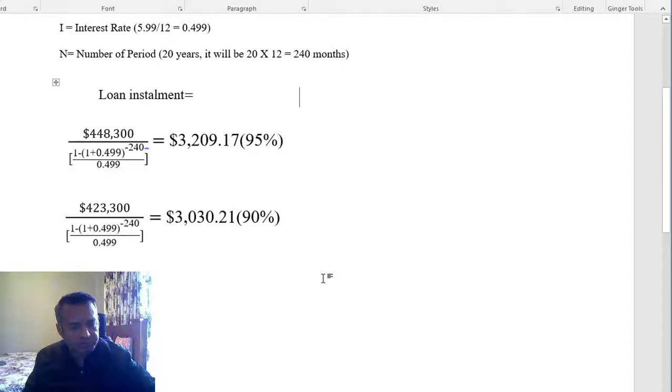So this is the solution for the loan installment.